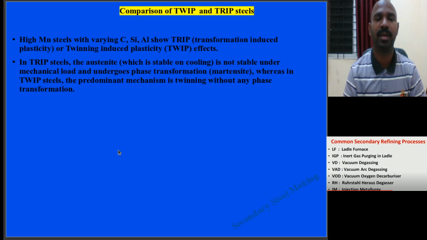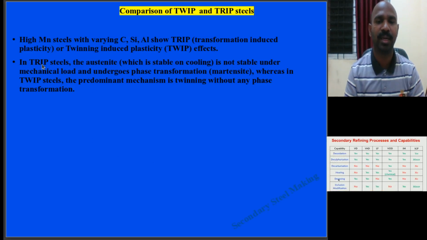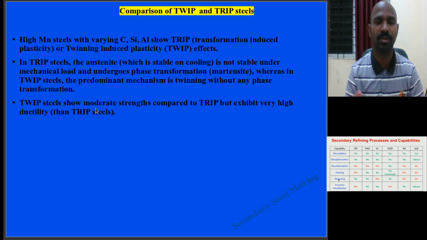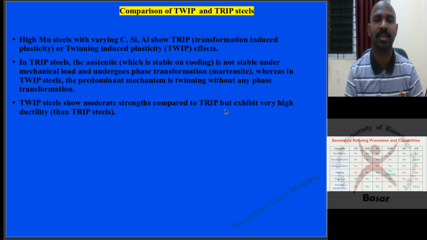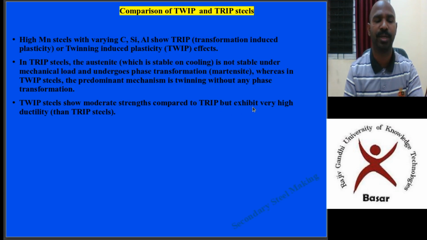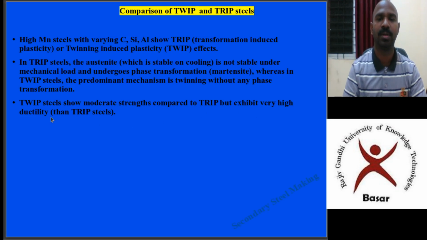Whereas in the transformation induced plasticity, there is martensite. Remember that particular point also. No martensite in TWIP, there is martensite in TRIP steel, and TWIP steel has moderate strength when you compare with the TRIP steel, but ductility is higher than the TRIP steel.